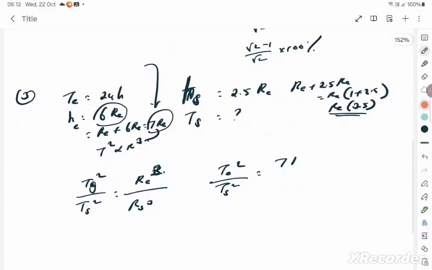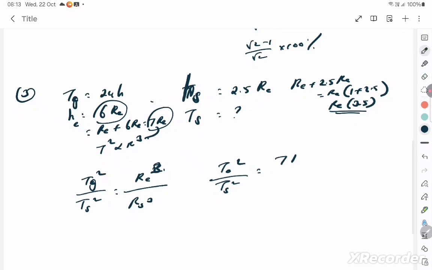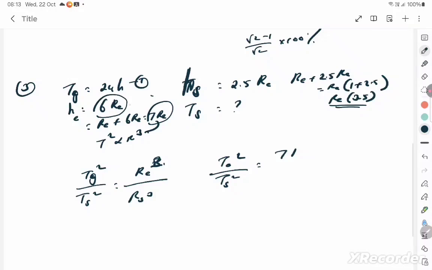Next question: the time period for a geostationary satellite is given to be 24 hours. The height at which it's revolving around is 6 Re, so you add it to the original radius of the Earth to find the total distance from the center of the Earth, 7 Re.